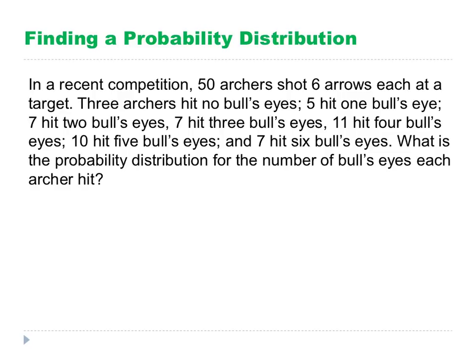Okay, so probability distribution is asking for the entire table. What is the probability of each individual event occurring? So let's set up our table here. So first off, we are going to have number of bullseyes hit.